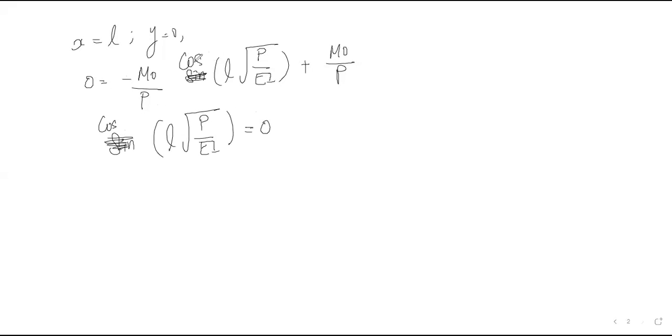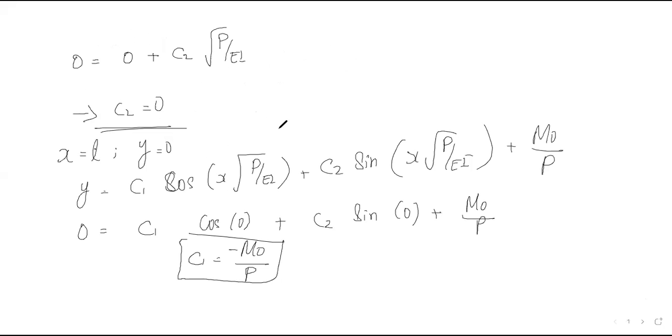With respect to this equation, if I'm going to substitute C1 as minus m naught by P and C2 as 0, then the equation becomes minus m naught by P into cos x into root under P by EI.